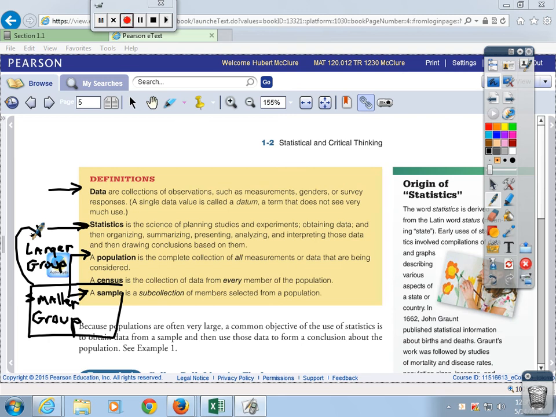I used you as a sample to predict for all Tri-County Tech students. Now, that's when you get into the mathematics of whether it is feasible for 8 people to predict the whole population. And that's when we get into chapters 6, 7, and 8. This is chapter 1. All right? So make sure you know these 4 definitions: data, statistics, population, and sample.